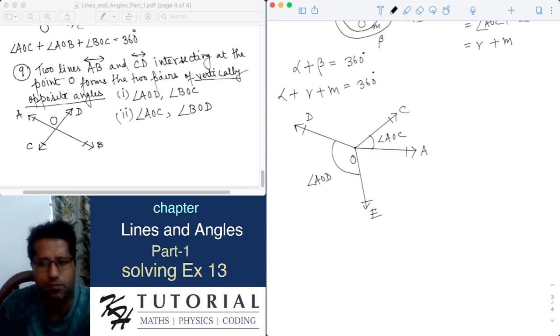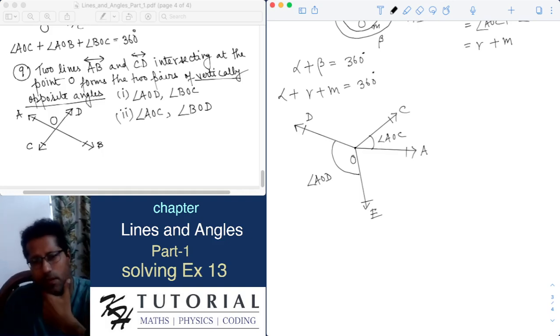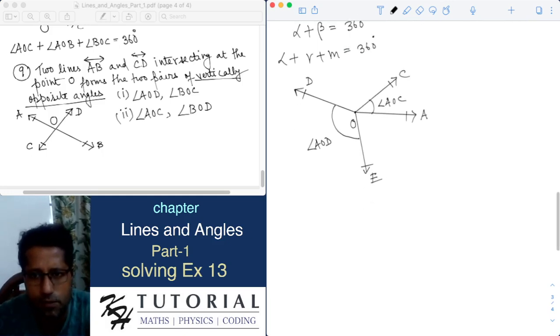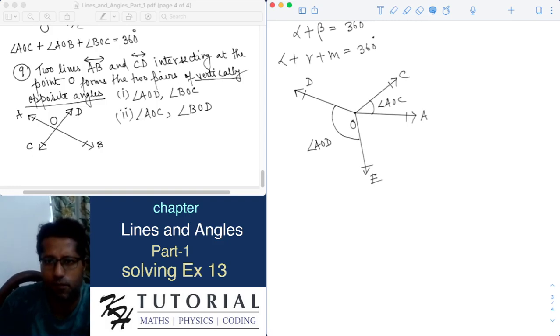But the arms of the angles must form opposite rays, meaning the arm OD must be opposite to the arm OA, and the arm OE must be opposite to the arm OC. So if we do that, let me see if I can copy this.